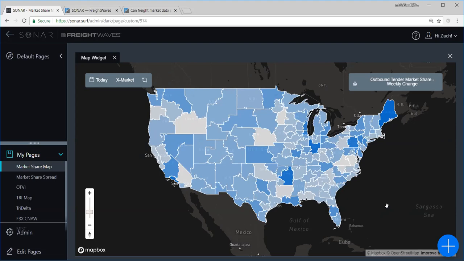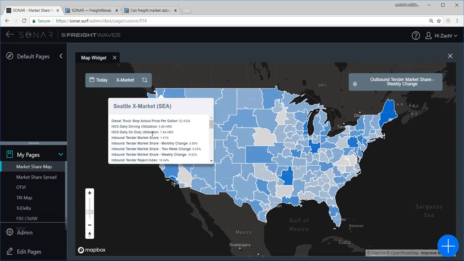So if the entire country's volume, or all the regions across the country, are increasing in volume, you're not going to see an increase in market share. For example, in Indianapolis, right? You're only going to see an increase in market share in Indianapolis if their volume specifically is increasing and other geographic regions are not increasing. Correct? Exactly.